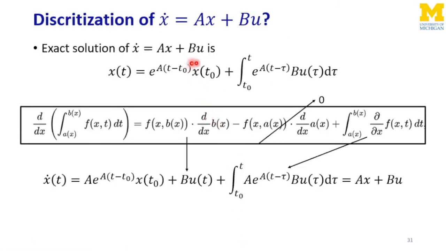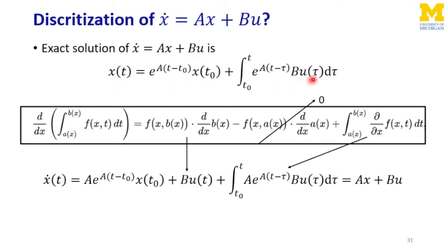Okay, now let's focus on the system that we are going to be using a lot in this course. An LTI system, x dot equals ax plus bu. Here, x is a vector, not just a scalar. Now, it turns out that we can actually solve x dot equals ax plus bu exactly, and the exact solution is given by this equation. And to convince yourself that this solution is the true solution of this system, you can differentiate it and see if we get the right-hand side.